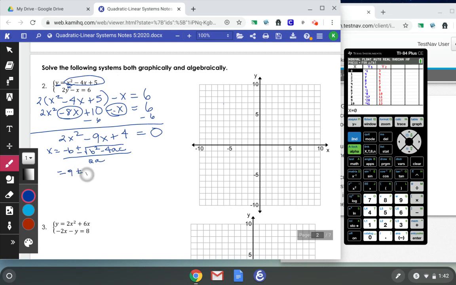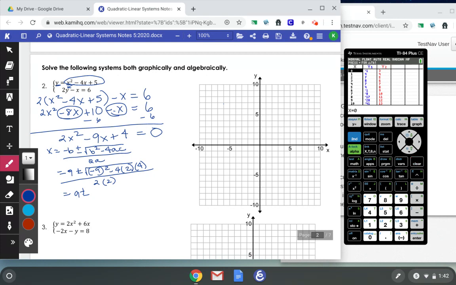9, plus or minus negative 9 squared minus 4 times 2 times 4 all over 2 times 2. So we get 9 plus or minus 81 minus 32.